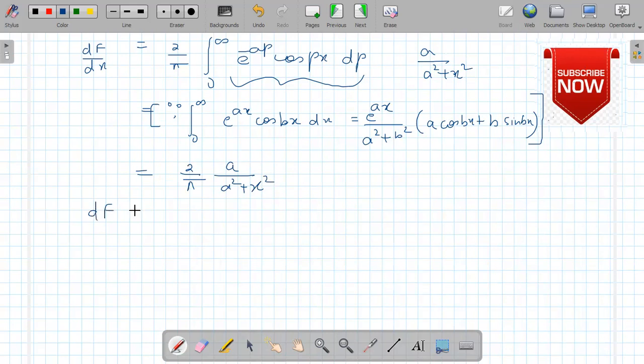So df comes out to be 2a upon pi into 1 upon a square plus x square dx.